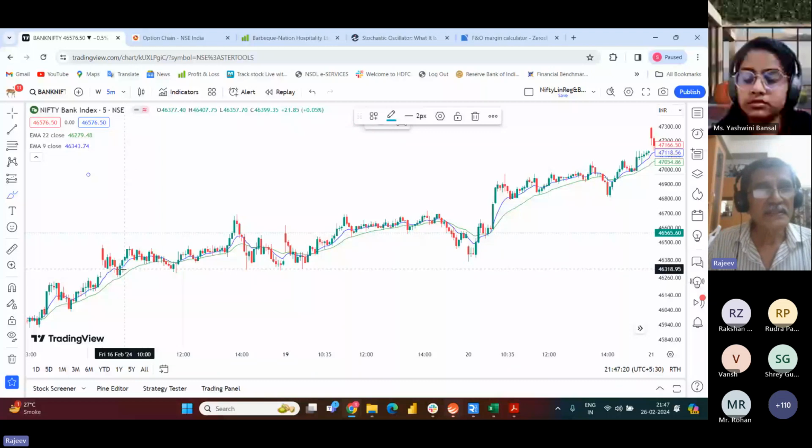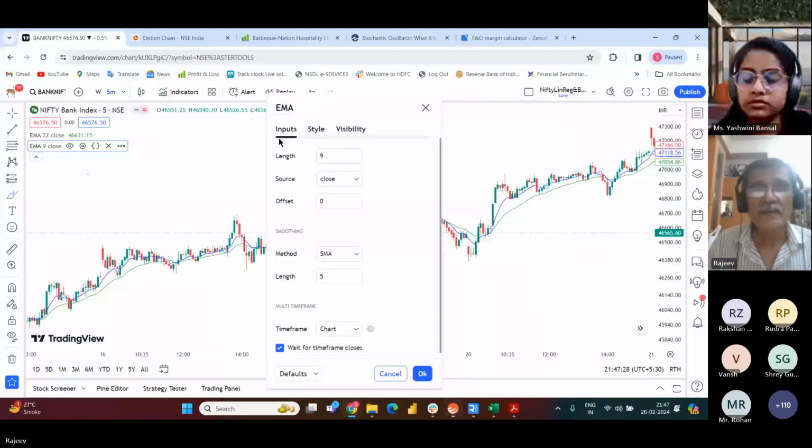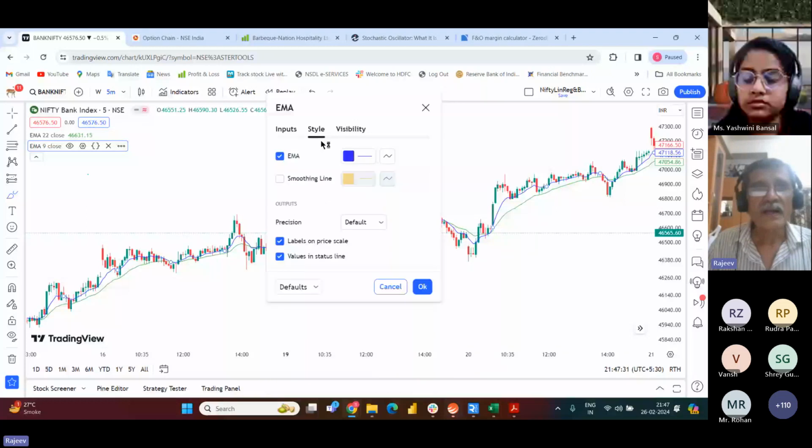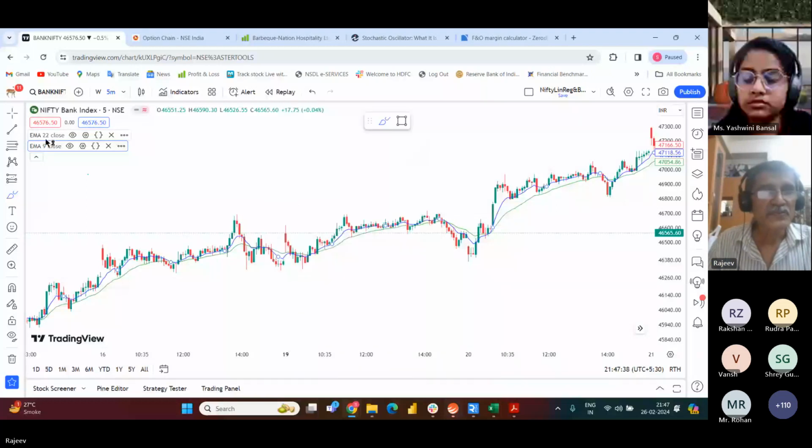So the blue one is, let me check which one is what. Yeah, blue is EMA 9. So this blue is EMA 9, which is above EMA 22. It has not crossed below EMA 22 yet.